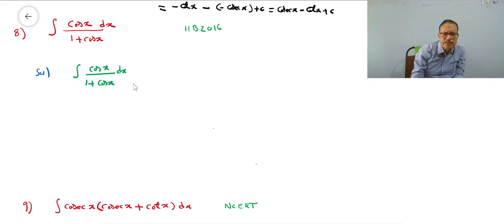So this is equal to, I am going to add 1 and subtract 1, that is, in the numerator 1 plus cos x, here 1 is added, I am going to subtract 1, by 1 plus cos x into dx. So this is equal to integral of 1 plus cos x by 1 plus cos x, minus 1 by 1 plus cos x.